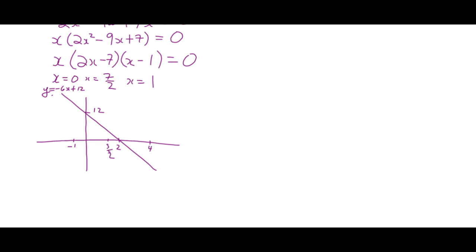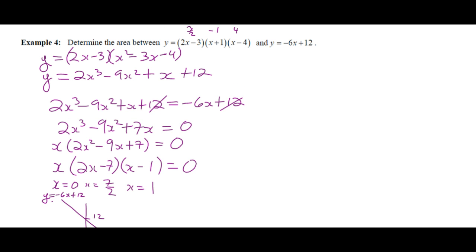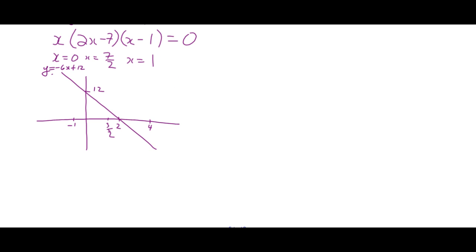Okay, so this function's going to do, oh, and the other thing is, this function has a y-intercept of 12, right? Which we know it's got to intersect at 12 because the 0, the 3.5, and the 1. So it's going to come up here, intersect here, intersect at 3/2. And where was the other place? 0, 3/2, and 1. Oh, okay, hang on.